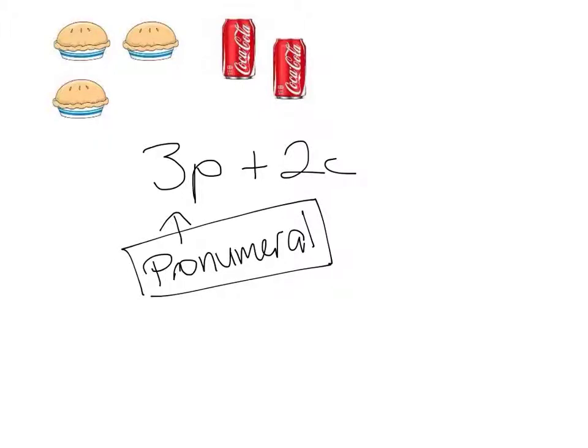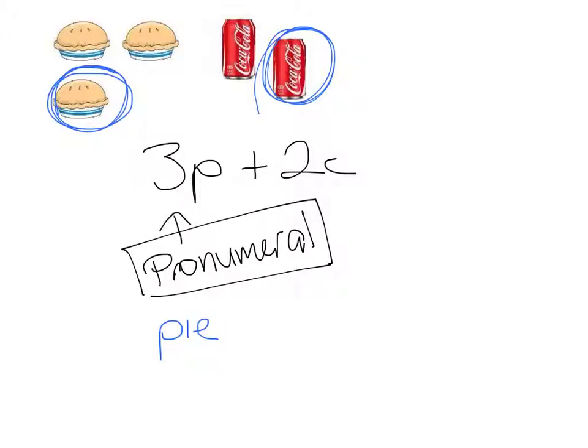Now, here's a little trick. When we send somebody to buy 1 pie, or we send them to buy 1 Coke, we don't say to them, can you please buy me 1 by pie and 1 by Coke? You would say, can you please buy me 1 pie or a pie and a Coke.